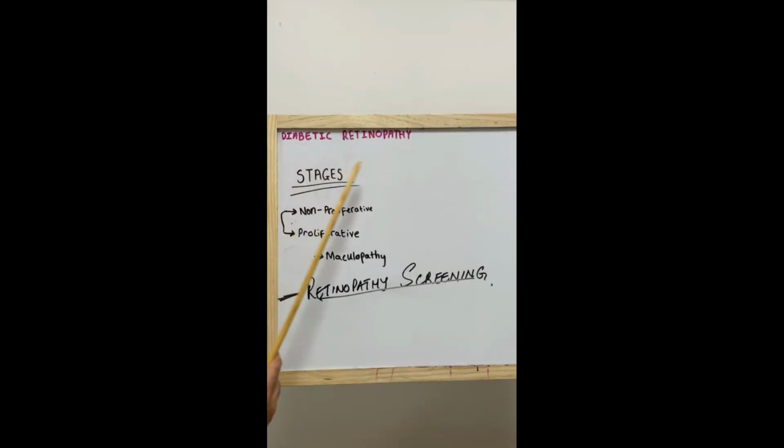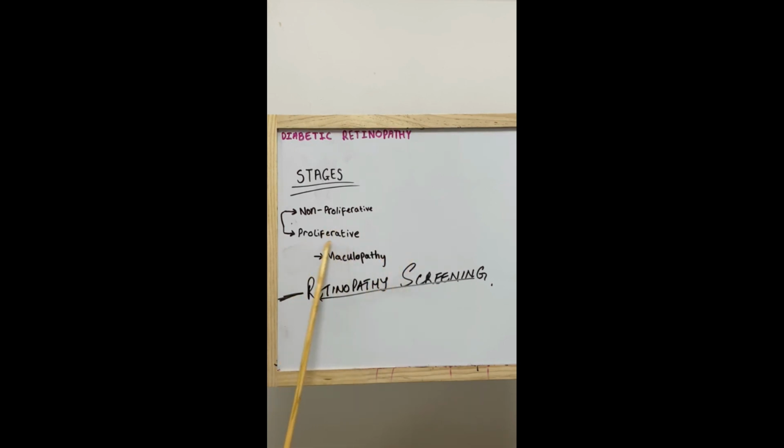With regards to diabetic retinopathy staging, broadly, it can be divided into two parts. One is non-proliferative, which is minor damage to the blood vessels, which may bleed slightly. Usually there will be no visual changes, or you might have some symptoms present.